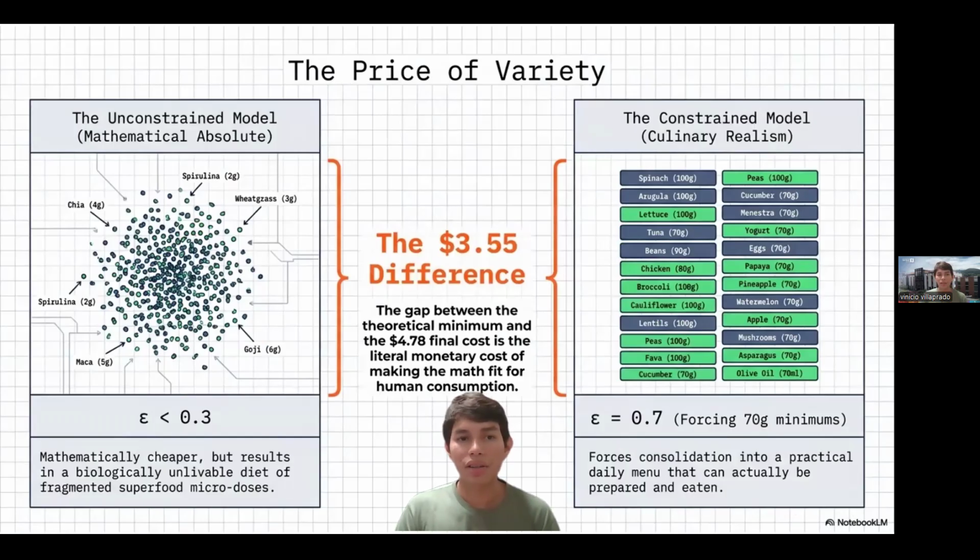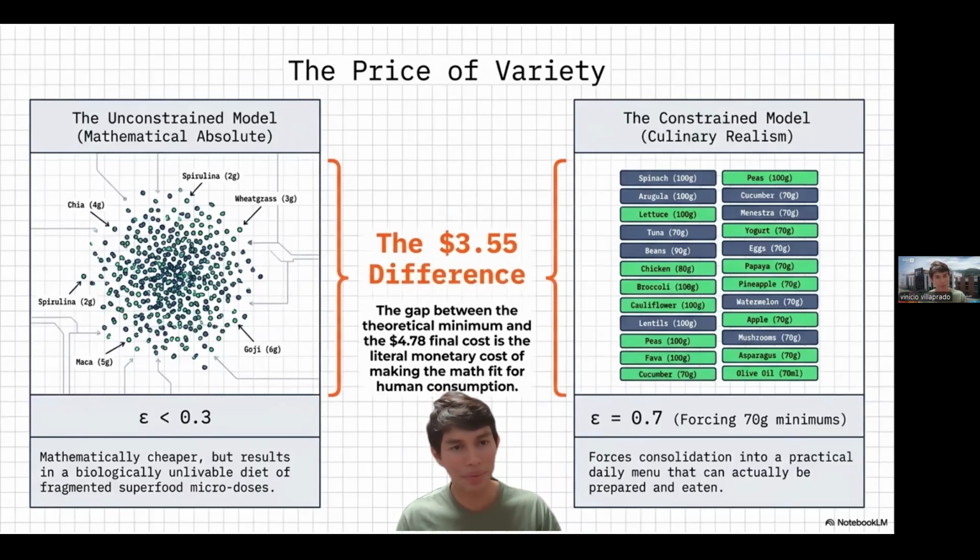Another scenario is, what if I change this lower bound? Well, if the lower bound is less than 0.3, then the solution wouldn't make sense, as to fulfill the micronutrient requirements it will give me microdoses, as I told you, which makes no sense.